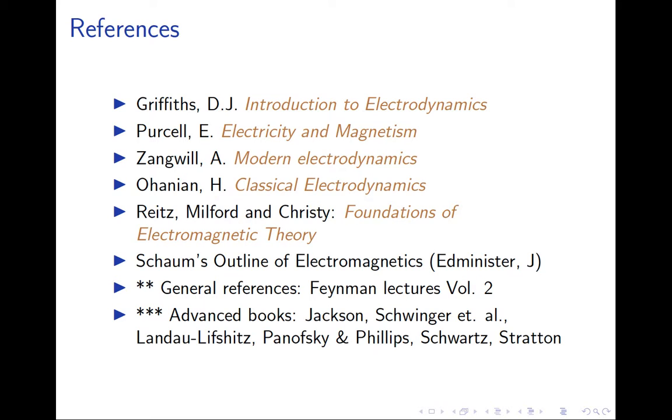And then for people who are looking for a bit more advanced treatment, I would recommend graduate level books. Graduate level books, of course, will require a bit more mathematical sophistication than an undergraduate level book. So of these books, the first three references are the state of the art: the book by Jackson, the book by Schwinger and others.